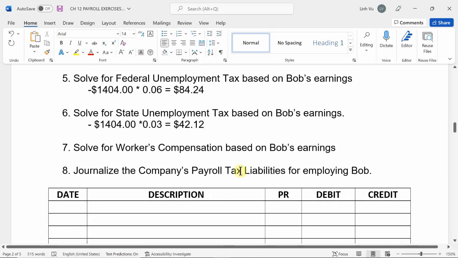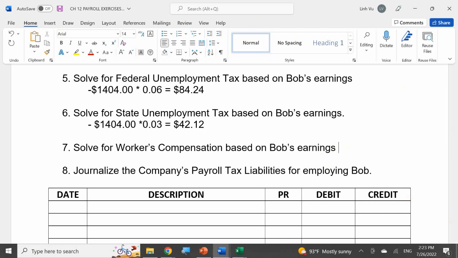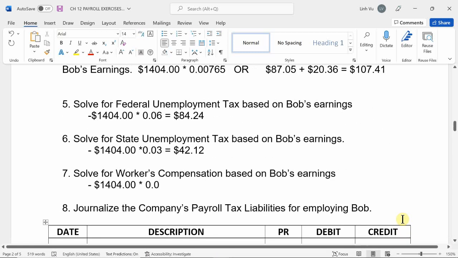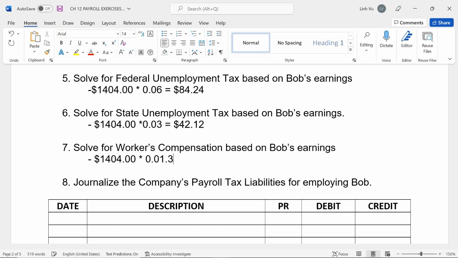Okay. Then solve for workers' compensation based on Bob's earnings. What's workers' compensation here? 1.36%. Yep, 1.36%.